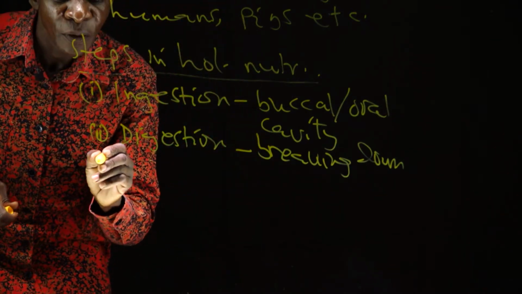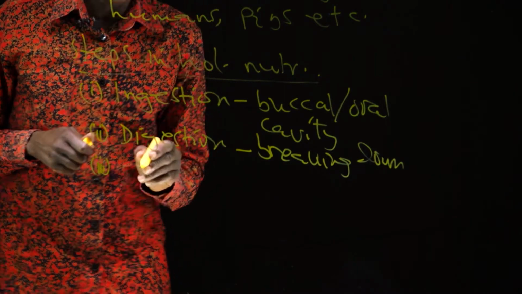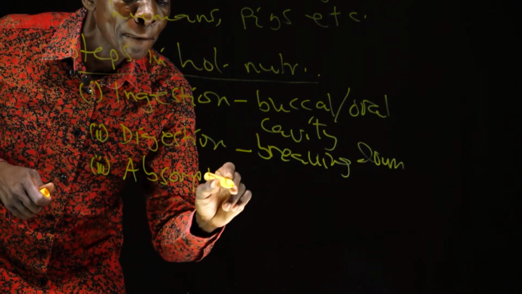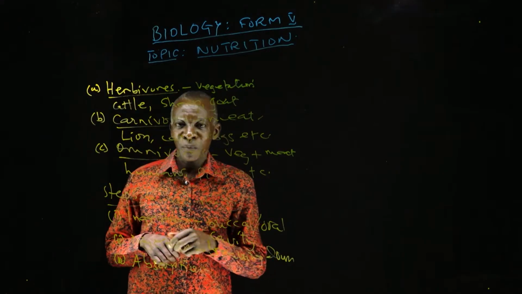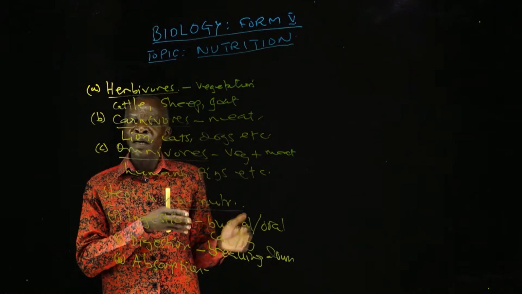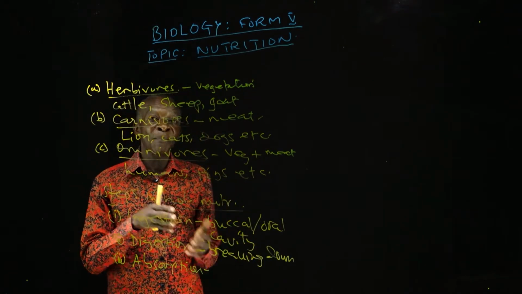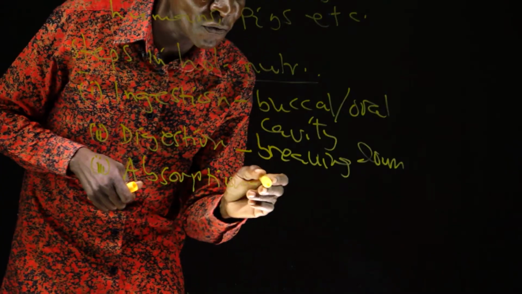The third step is absorption. After the food has been digested, the end products of digestion are absorbed. They are made to diffuse into the bloodstream.